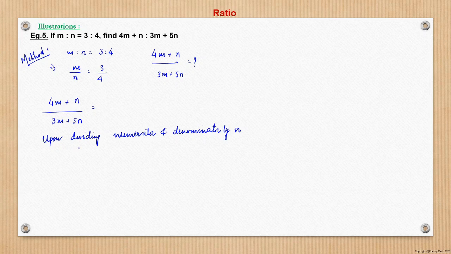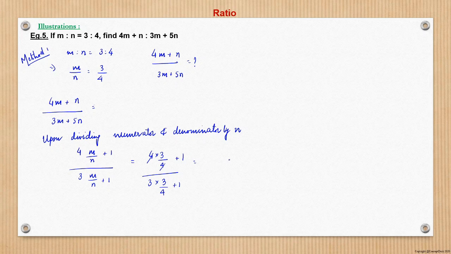So what do we get? We get (4 m by n plus 1) upon (3 m by n plus 5). This we can write as 4 into m by n, which is 3 by 4, so 4 into 3 by 4 plus 1, upon 3 into 3 by 4 plus 5. So 4 gets cancelled.